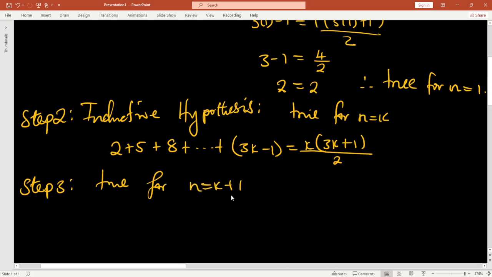So what this k + 1 means here is that on this k term that we have here, the next term now is going to be plus (3, where there's n we substitute with k + 1), and on the right hand side, where there's n we substitute with k + 1 here.